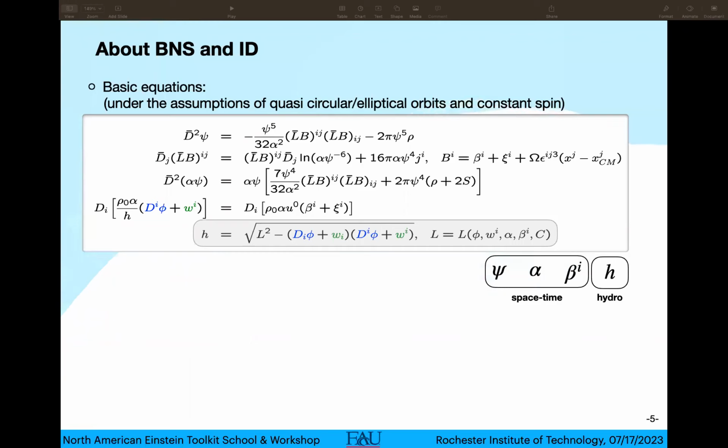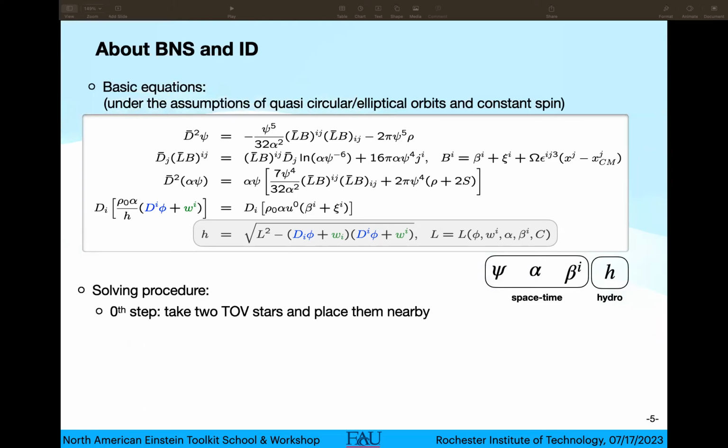So how to deal with this problem numerically? Now let me present the solving procedure. Again, I was very happy to hear the second talk because it was about the thin sandwich approach, and that's exactly what we have applied here. We need to start from some initial guess for a matter distribution. The initial guess in this case is just to take 2 TOV stars at some distance and use it as a 0th step.